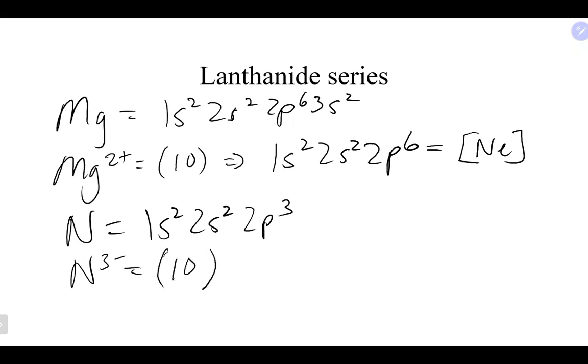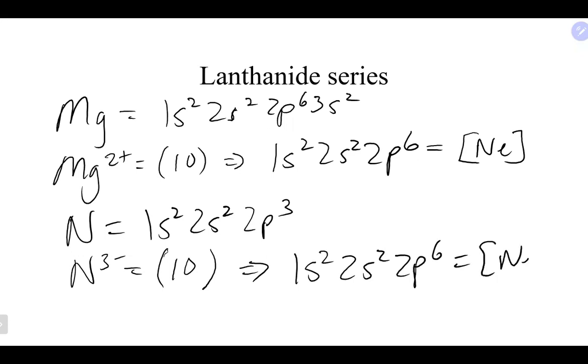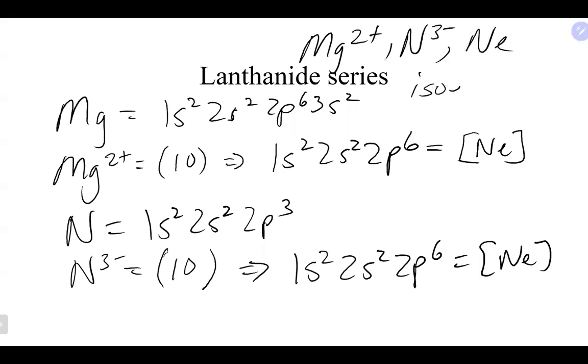It goes 7 plus 3. It would then have a configuration of 1s2, 2s2, 2p6, or again, neon. So all three of those things in this example, magnesium with a +2, nitrogen with a -3, and neon, all have the same electron configuration.